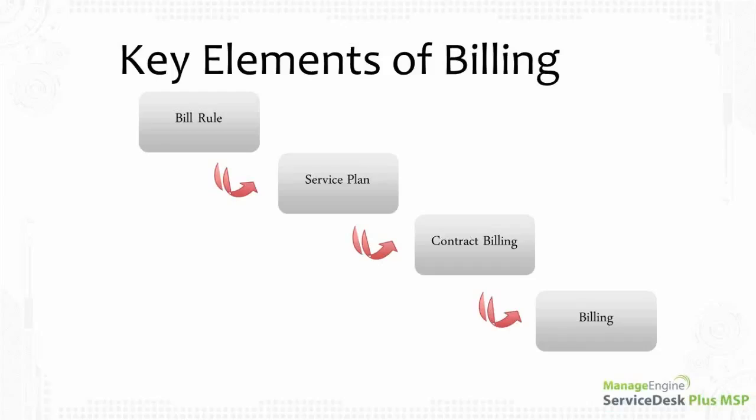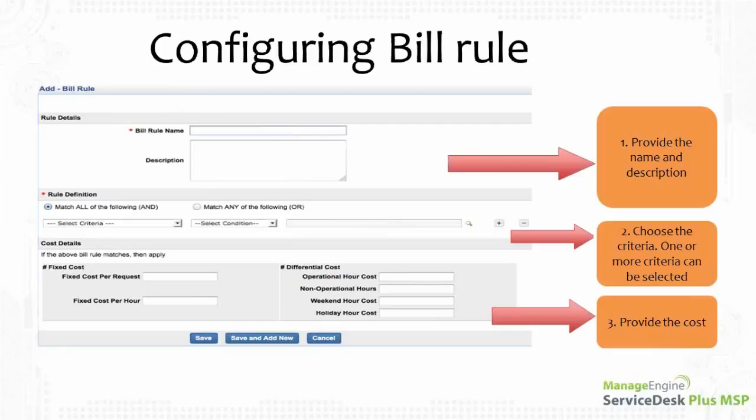That particular section, contract billing, will allow him to choose the service plan and go ahead with the contract billing. And finally, he will be provided with the bills for each and every month, or whatever periodicity he has chosen. So let's see how exactly it looks inside the tool now.